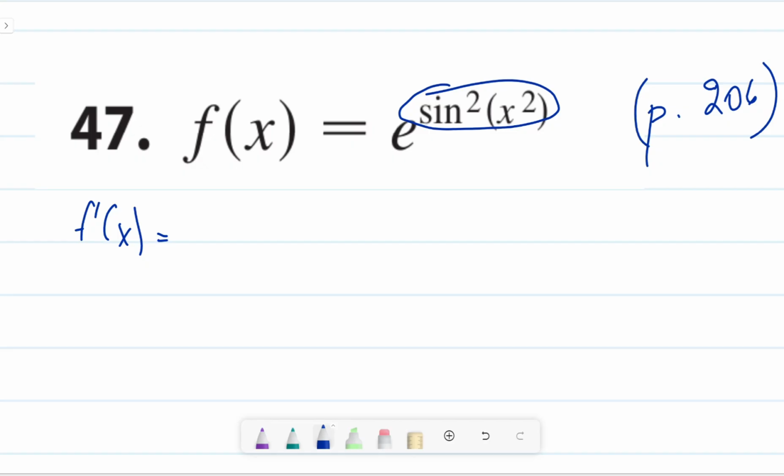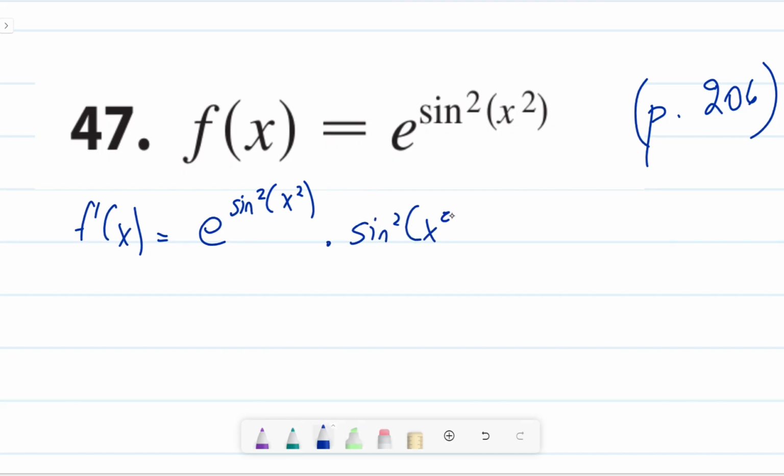In this case, this is where we use the chain rule. So we take the derivative of e, which usually stays the same, computed at sine squared of x squared. Basically, we're taking the derivative of the outside computed at the inside times the derivative of the inside. So times the derivative of sine squared of x squared.